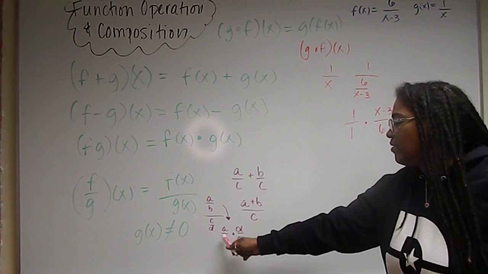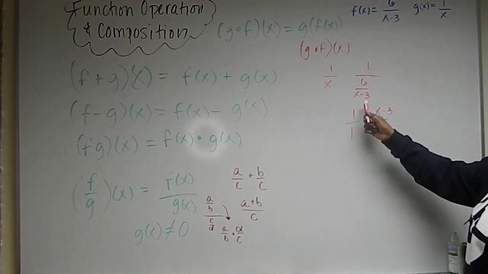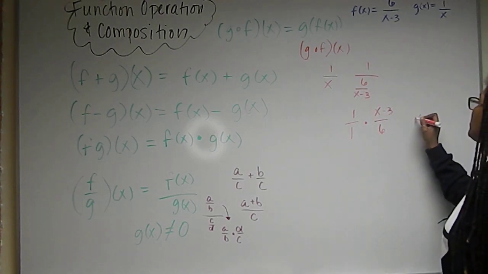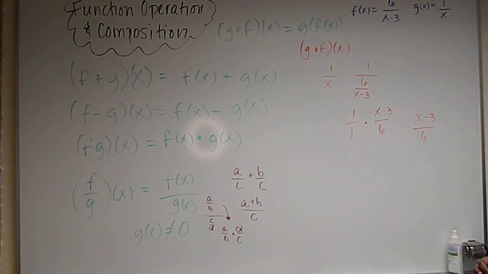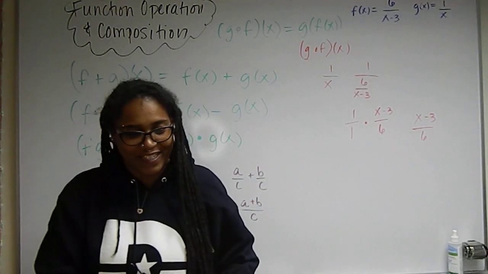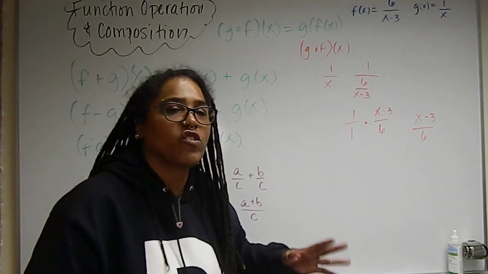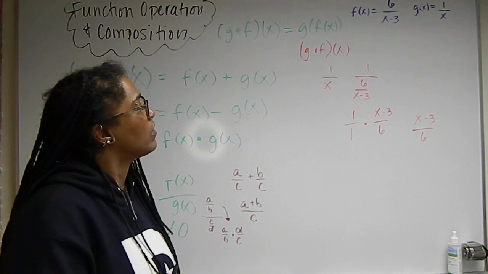Keep, change, and flip. Kept the first, changed and flipped. So that becomes, that's what g of f of x is. That's what happens when you're rushing, you start mixing up stuff.